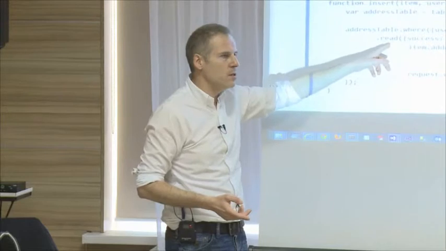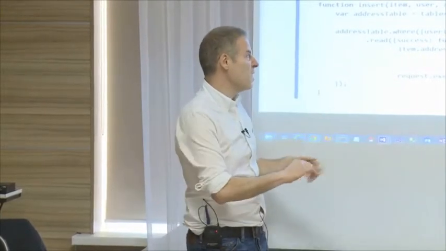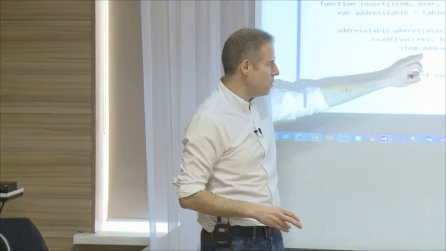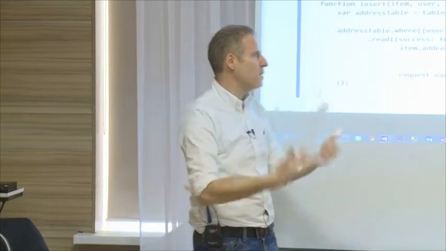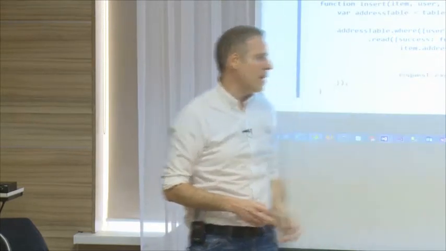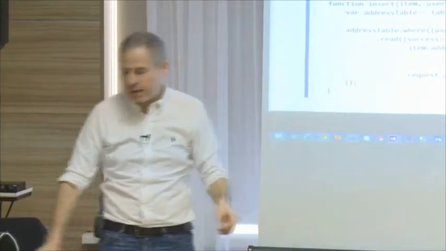And then I use the read method to read the actual data. I specify a success function, a function to execute in case of success, and I say item address equals: if the length of results is more than 0, get the first one, otherwise unknown. And then in any case I call request.execute, because I'm inserting that item.